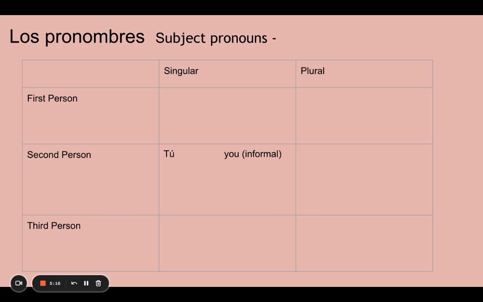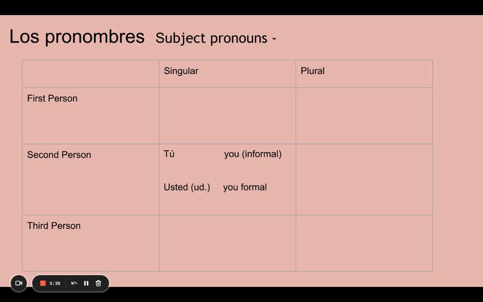The second person, tú, that is you informal. Tú is you informal. So it says this, I'm talking to somebody younger than me, or somebody that's my friend, or a family member, or I'm talking to my pets.